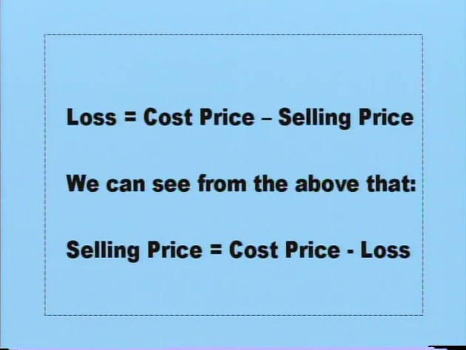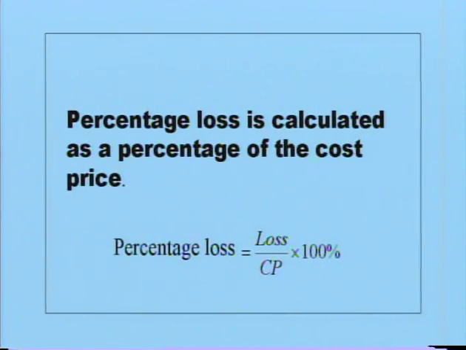We can see from the above that the selling price is equal to the cost price minus loss. Percentage loss is calculated as a percentage of the cost price, as given in this formula. Percentage loss is equal to loss divided by cost price times 100, all expressed as a percentage.